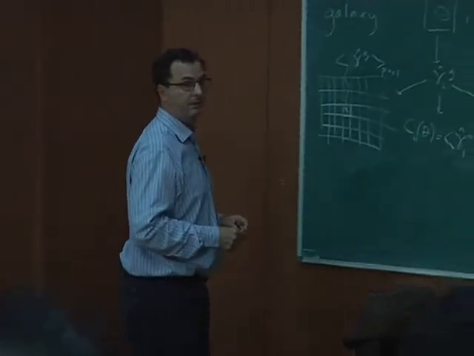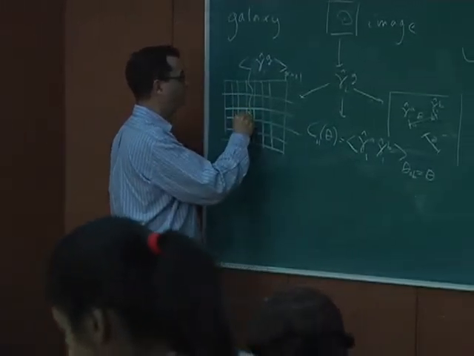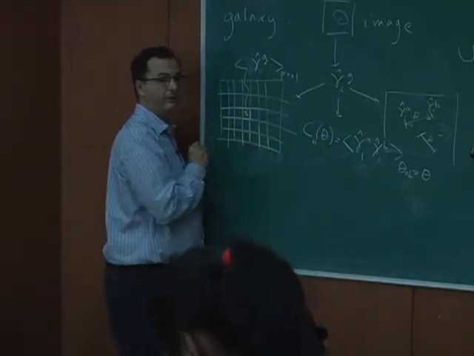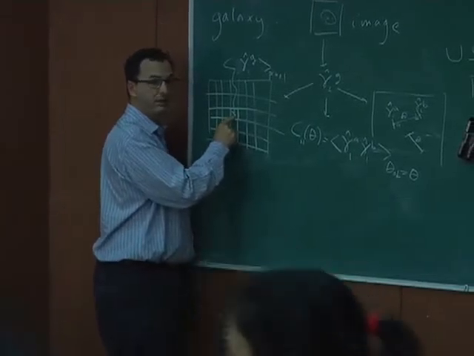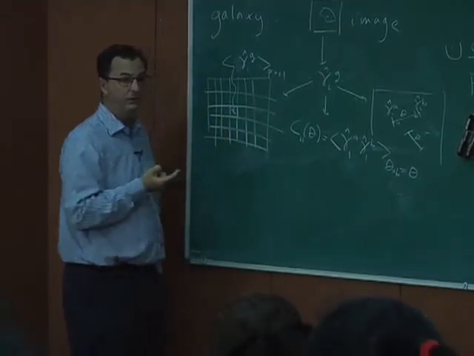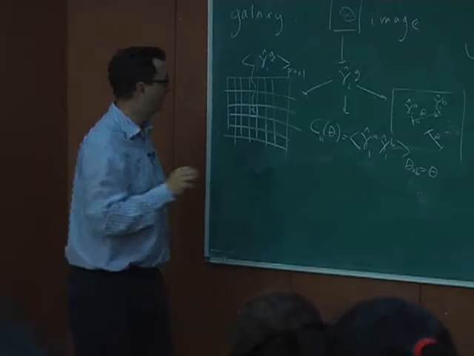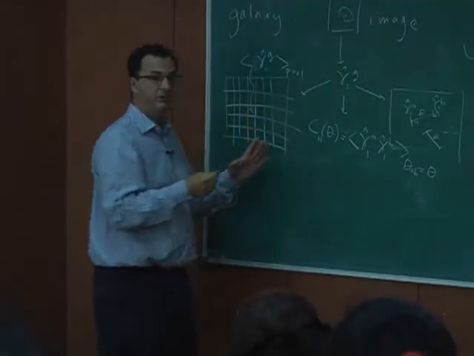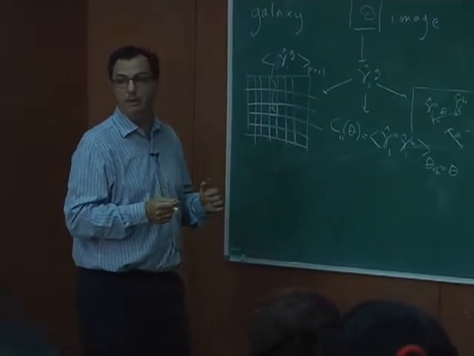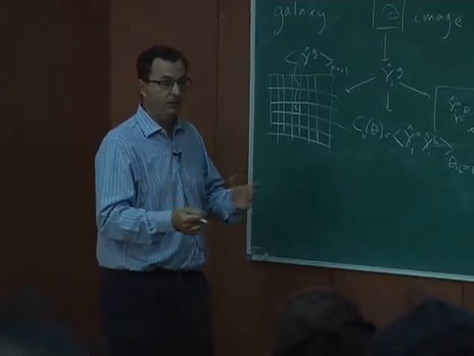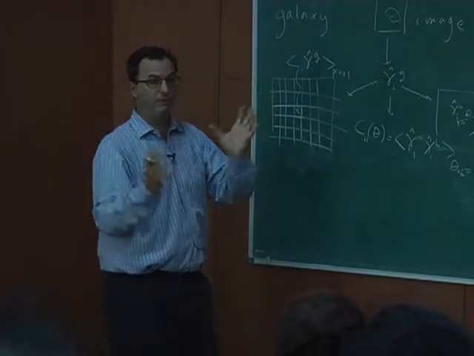But when you pixelize, there would be a limit. There would be a constraint on the scale to which you can probe. That's right. Because clearly you've smoothed basically on the scale of these pixels, so you cannot probe scales smaller than this. So you've lost information, and it's even slightly worse than this because typically you can have areas of the surveys which are corrupted by missing data, or there's a bright star that you have to mask out.